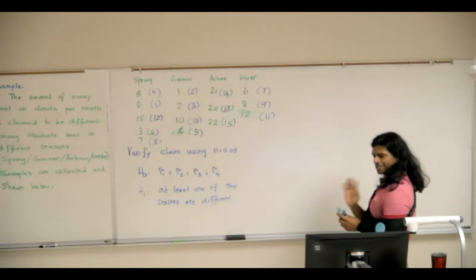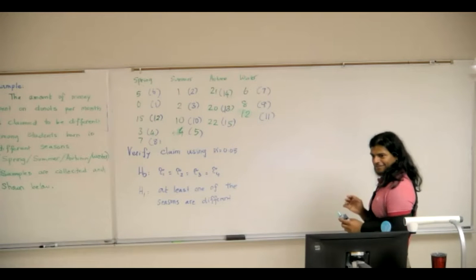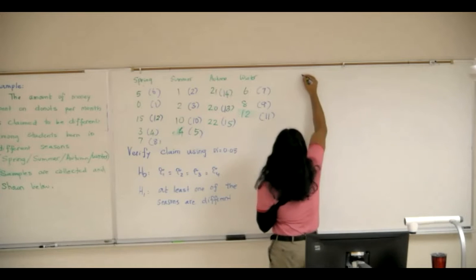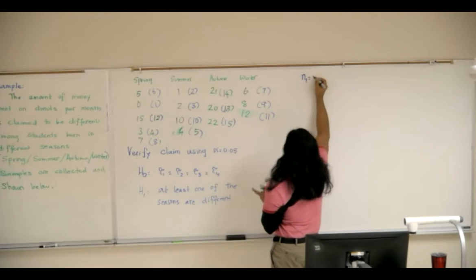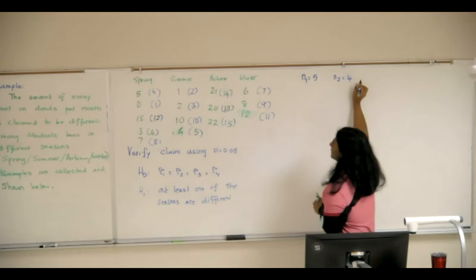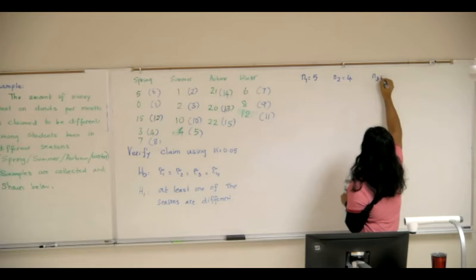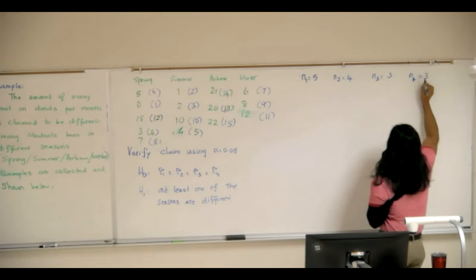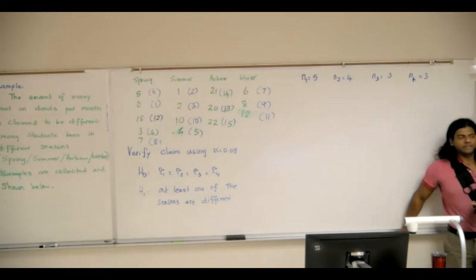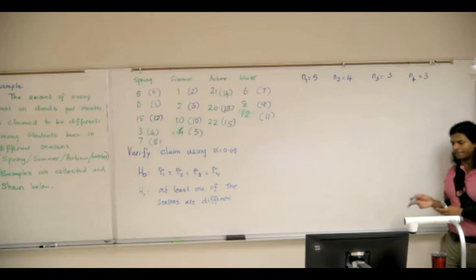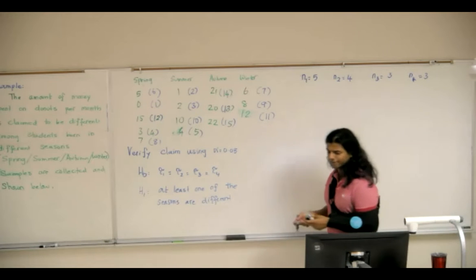Good. N1 is 5, N2 is 4, N3 is 3, N4 is 3. Those are simply the number of observations in each of the treatments or samples.